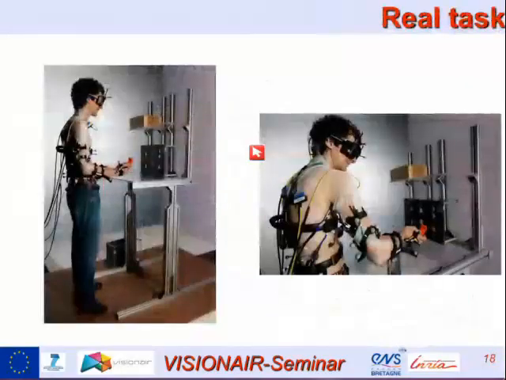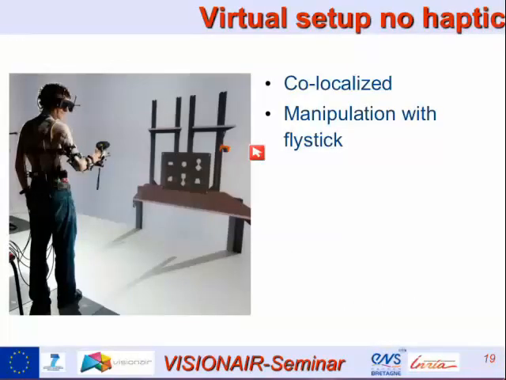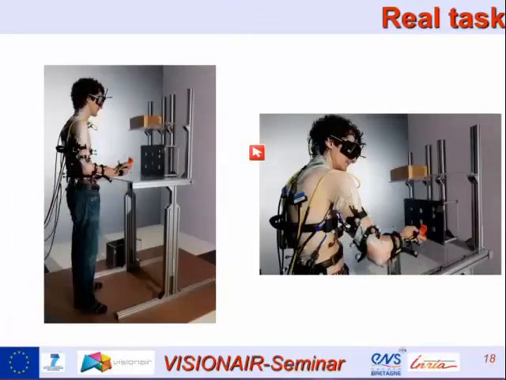Here you have the real setup, and here you have the virtual setup, and the CAD model for both is the same. So we started with a CAD model, and we had the export in VR here, and here we had building of the setup. So it's just bars and screws, but we can set the height here.